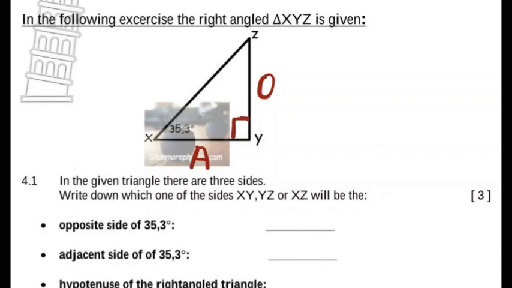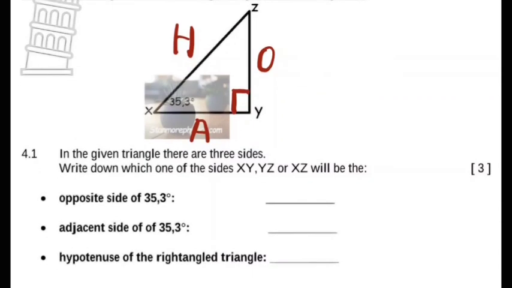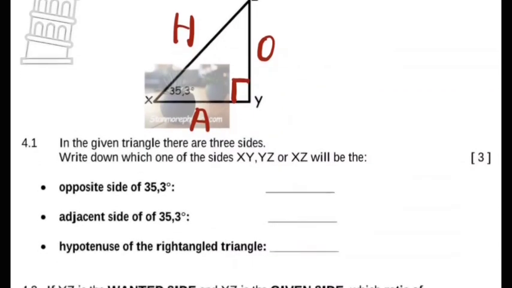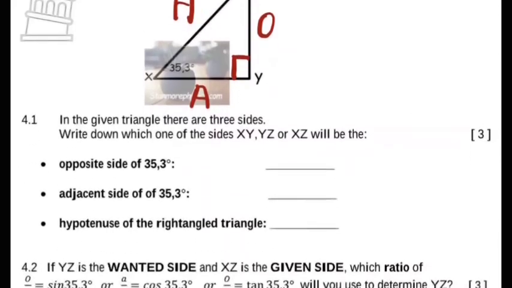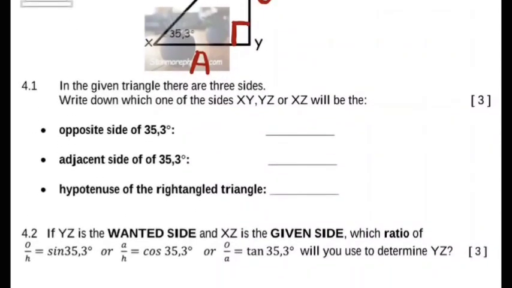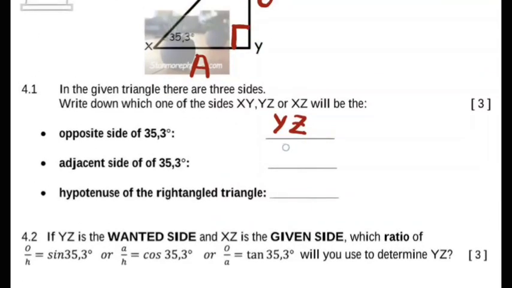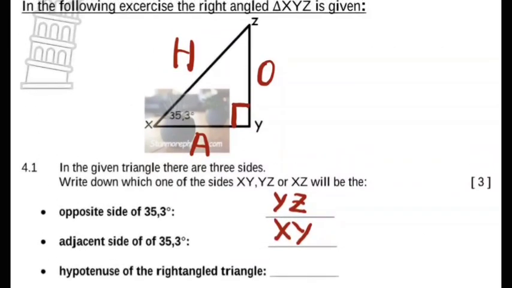Even though it's not given to us, we can clearly see that these two sides are perpendicular, and the side opposite the 90 degrees would be the hypotenuse. Based on that, we can easily fill in the side. So opposite 35.3 is YZ or ZY, but they've called it YZ, so let's write it like that. The adjacent side is XY, and the hypotenuse is XZ.